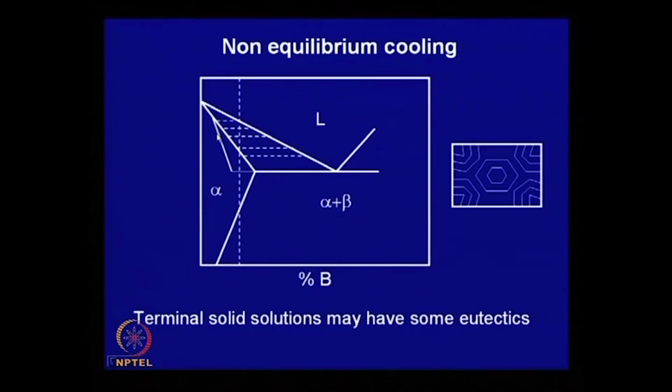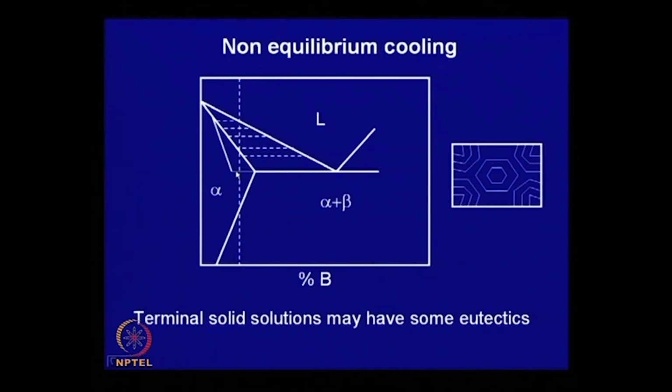Therefore, effectively the average composition of the solid will follow a solidus which is different from this, and this is a departure from equilibrium. And ultimately, when it has reached the eutectic temperature, possibly there may still be some amount of liquid left.